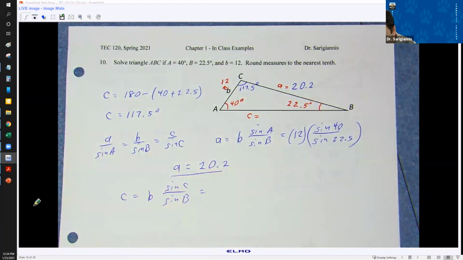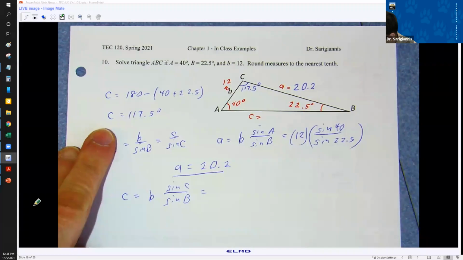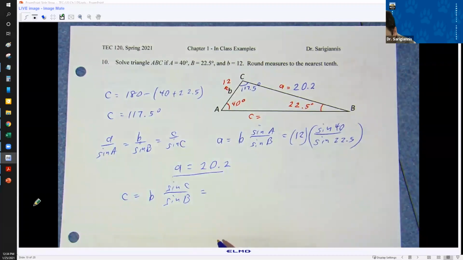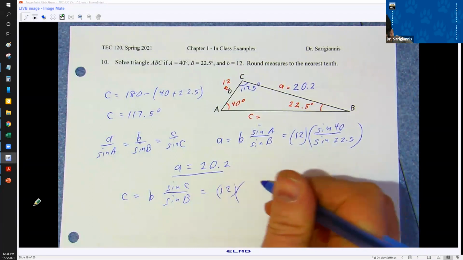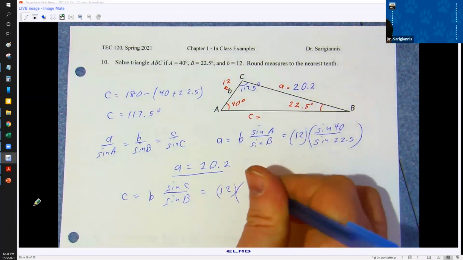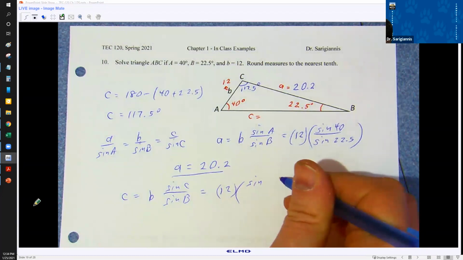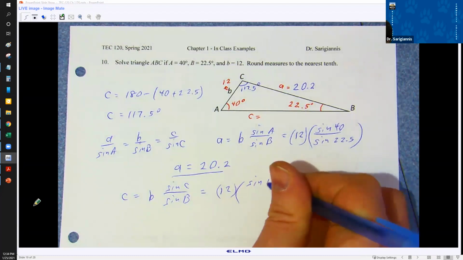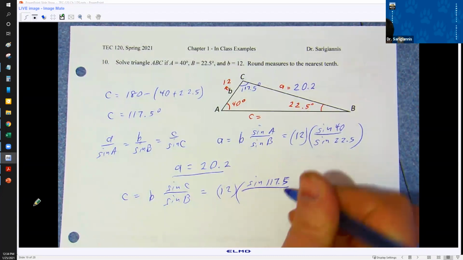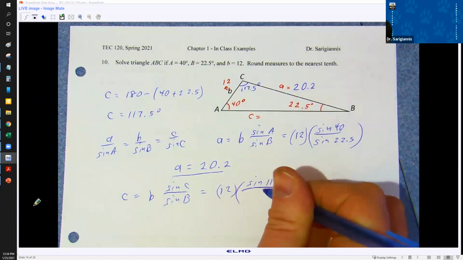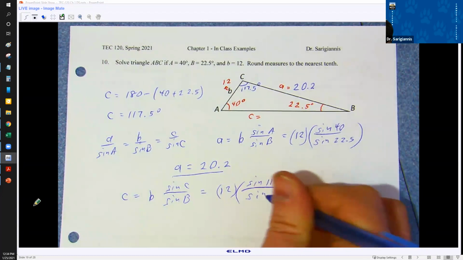So yeah, you can see it's very easy to mess up if you're not paying attention. So what do we got? We got 12 times the quantity sine 117.5 over sine B, which is 22.5.